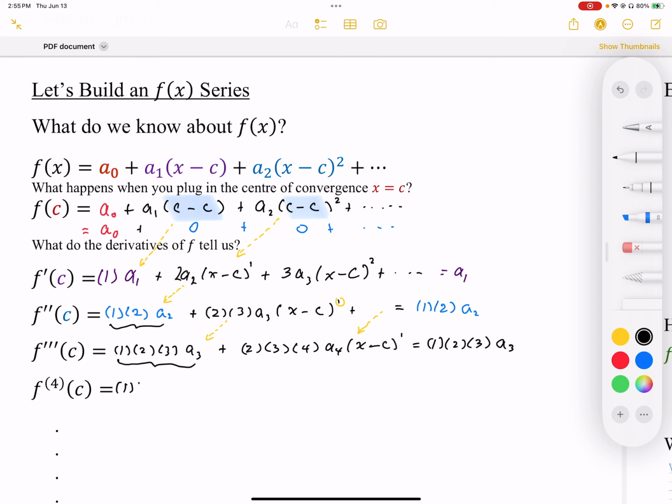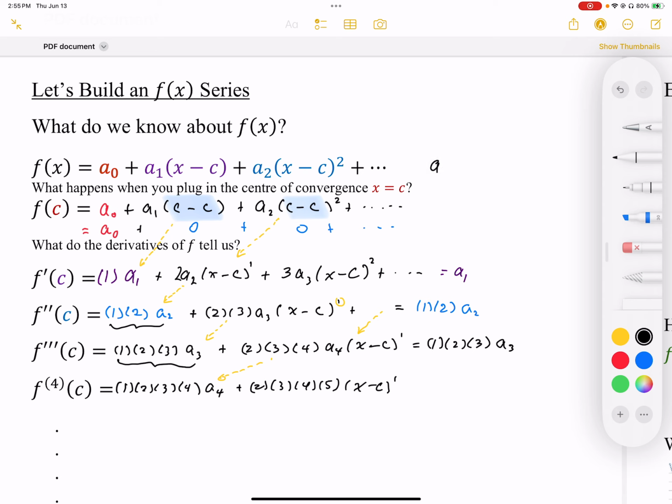We differentiate again, 1 times 2 times 3 times 4, okay, because that term comes from here. When we differentiate, we end up with the coefficient a4, the power 1 differentiates to 0, and then the previous term would have been 2 times 3 times 4 times 5, because it started out as an original 5th degree term in the f of x function.